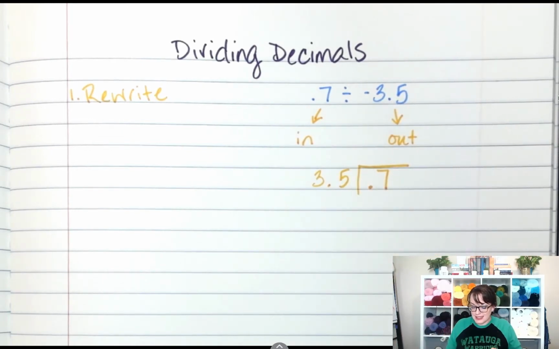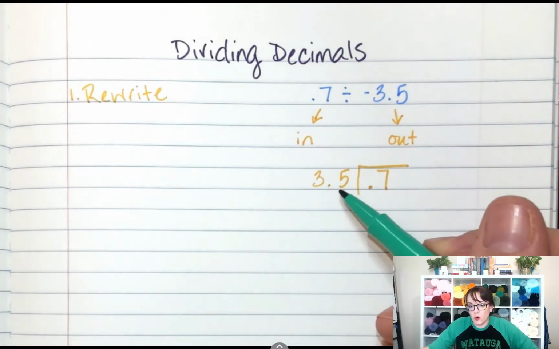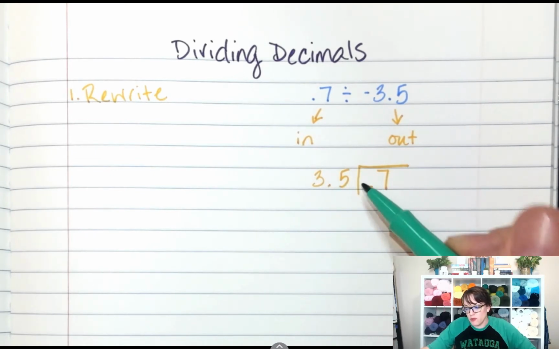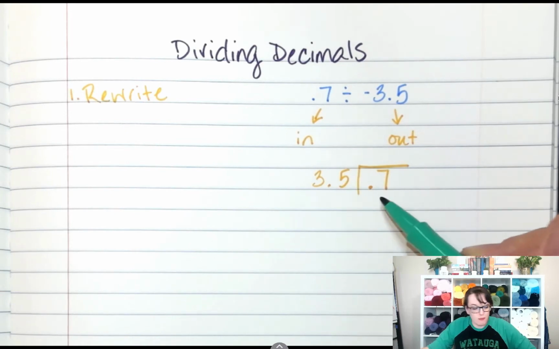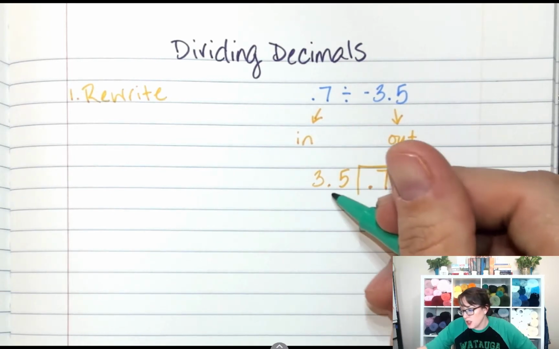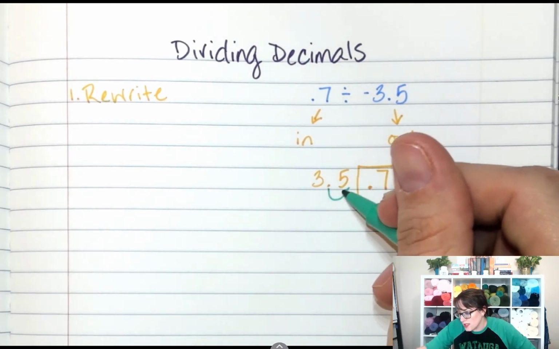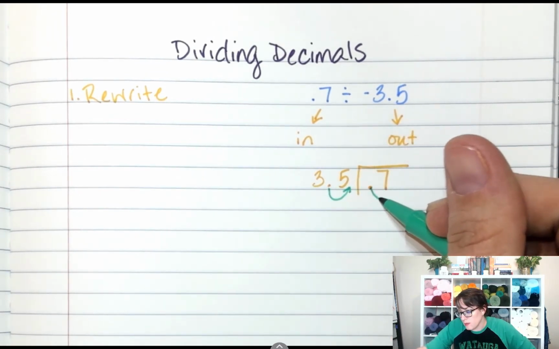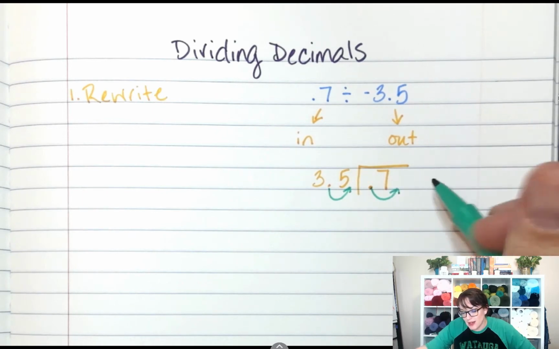All right. Second step. We have got to move our decimal the same number of spaces inside and outside. My goal is for this number to be a whole number. So however many spaces I have to move it to make this a whole number, I move the inside also. So this one, I have to move it one space to the right to make this 35. So I pick this one up and move it one space to the right to make that 7.